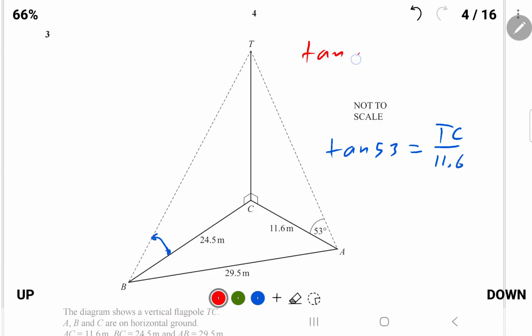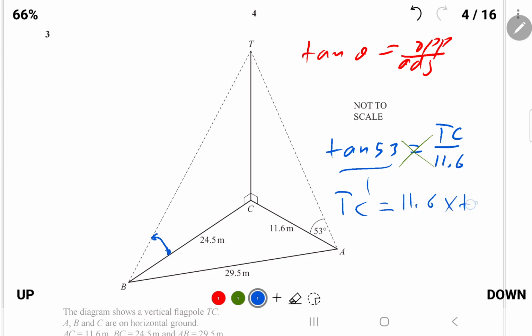Remember, tan theta equals opposite over adjacent. And then we cross multiply this equation. So if you cross multiply it, you get TC is equal to 11.6 times tan 53, and this will be 15.2, correct to one decimal place.